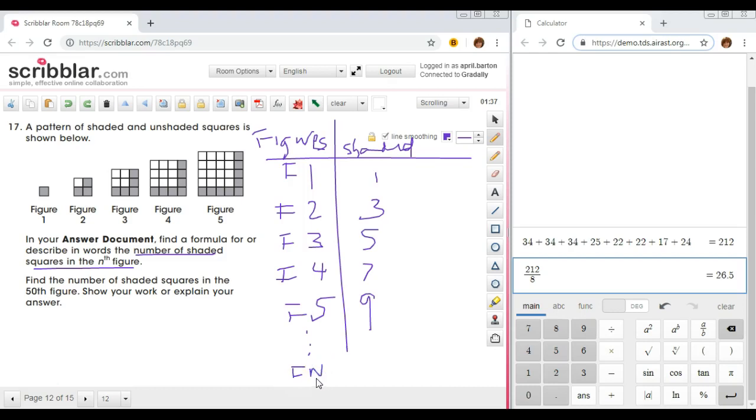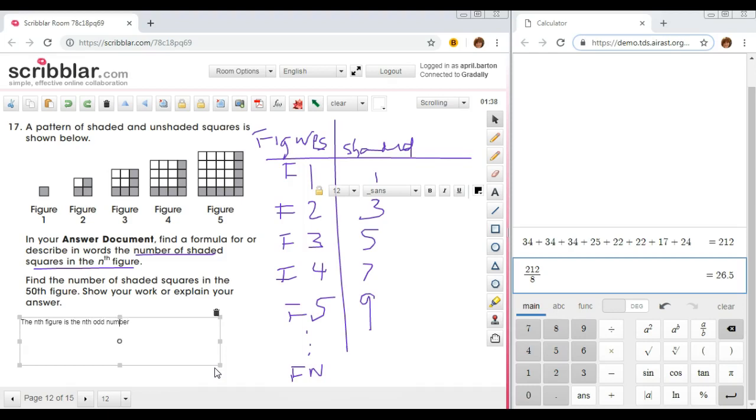If we don't actually know what figure we're looking for, then it's just a generic placeholder. We could say 50th figure is the 50th odd number, or the 75th figure is the 75th odd number. But we just want to use the letter n, so we could say any figure we're possibly looking for. So to write that out would be something like the nth figure is the nth odd number.